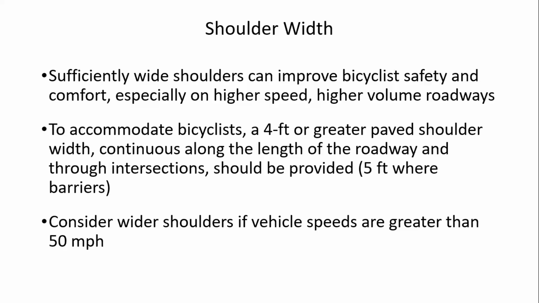And we talk about, to accommodate bicyclists, a 4-foot wide or greater paved shoulder width, continuous along the length of the roadway and through intersections, should be provided. Where you have barriers like guardrail or curb or something like that, 5 feet would probably be the appropriate minimum width. And consider shoulders if vehicle speeds are greater than 50 miles per hour.